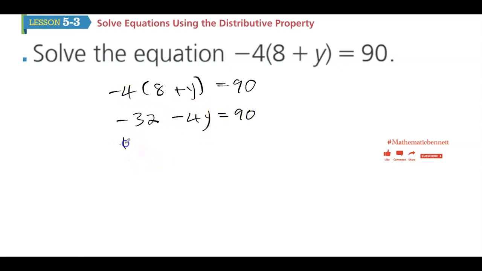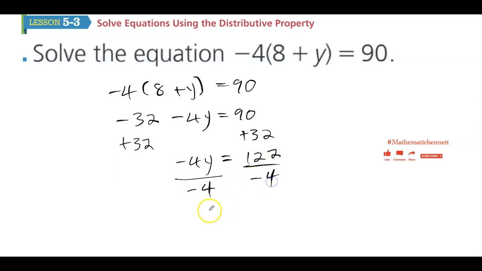From there, we can add 32 to both sides, and we see that negative 4y would be equal to 122. From there, we can divide both sides by negative 4, and we'll see that y would be equal to negative 30.5. We can go ahead and check our answer. So that's negative 8 plus negative 30.5.